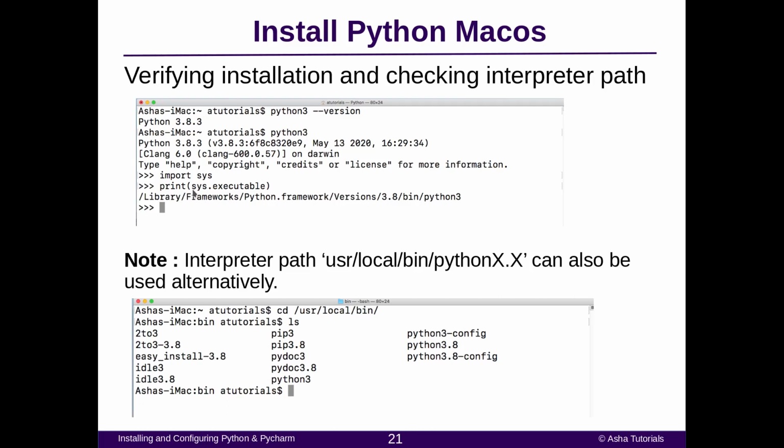So we will write import sys and print(sys.executable), which will return the Python interpreter path or the Python executable path, which will be used to configure PyCharm and create the virtual environment. Alternatively, you can also use this path, /usr/local/bin/python followed by the version, in order to configure the virtual environment in PyCharm for macOS.